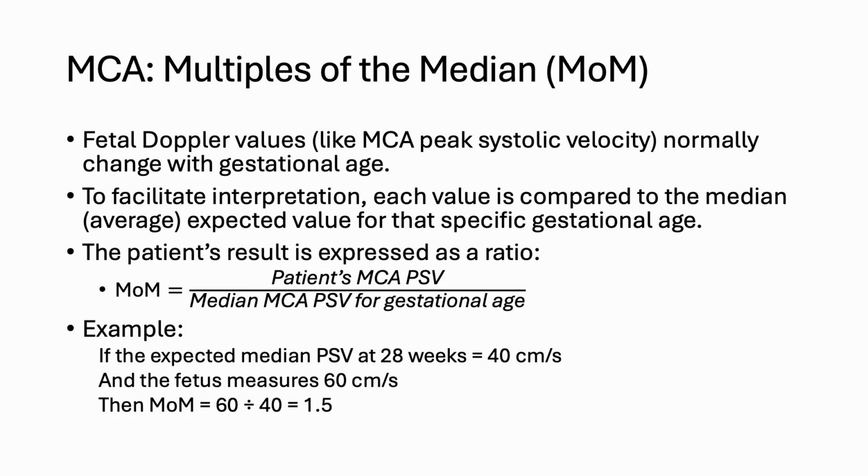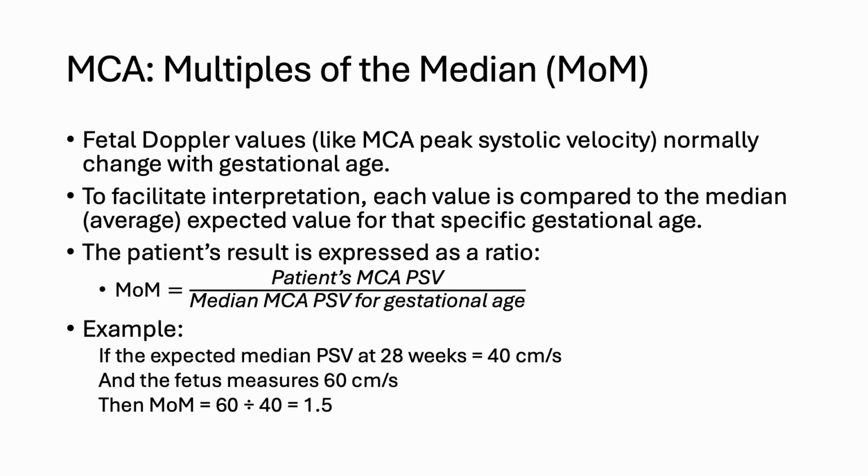When you look at a baby that's 28 weeks versus a baby that's 32 weeks, it's going to be different. To help facilitate interpretation, each value is compared to the median average expected value for that specific gestational age. So the patient's result is expressed as a ratio.